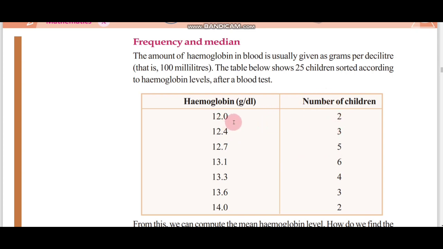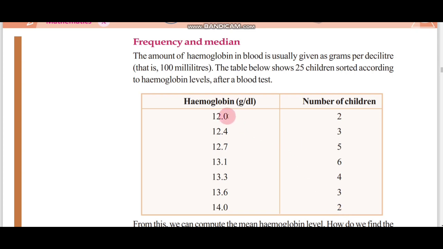See, 12.0. The hemoglobin level of 2 children is 12.0. Then the next 3 children's hemoglobin level is 12.4. For the next 5 children the hemoglobin level is 12.7, for the next 6 it is 13.1, for the next 4 it is 13.3, the next 3 is 13.6, and finally 2 have 14.0.